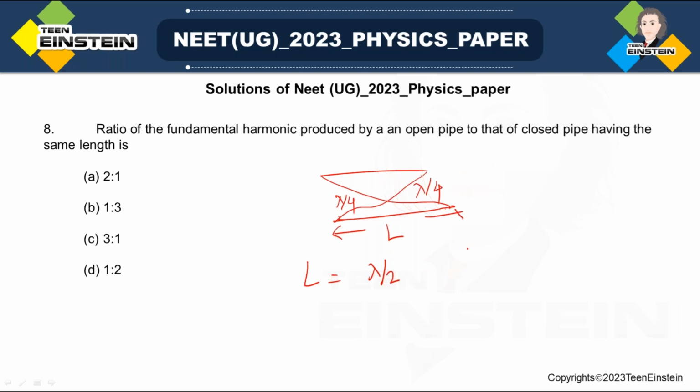So now we know speed. Here actually you have to find out harmonic. So harmonic nu is equal to v by l. L is actually lambda by 2.